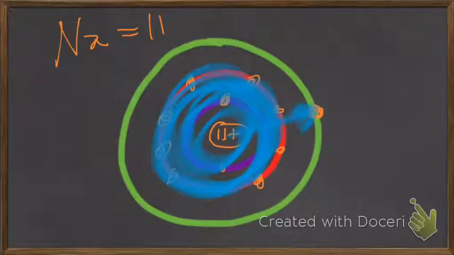Yes, there are 11 protons on the inside, but the outermost energy level electron is not feeling the effect from all 11 protons because it's being shielded by the 10 innermost electrons. So what is that charge that it's feeling? That's called the effective nuclear charge.